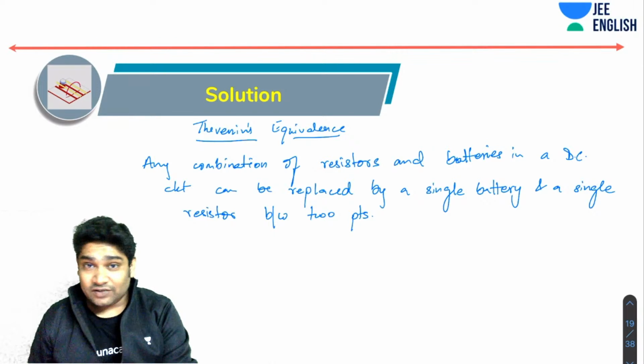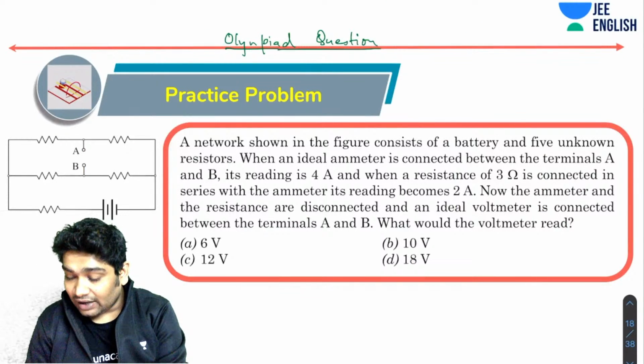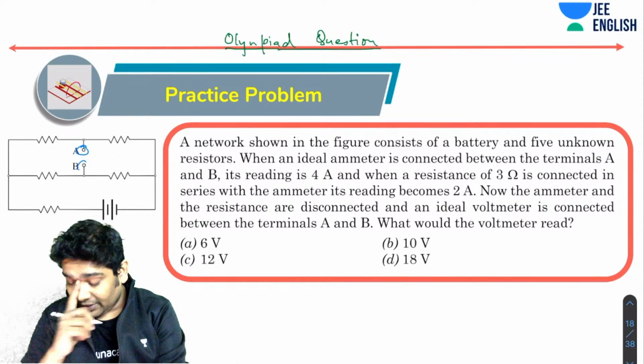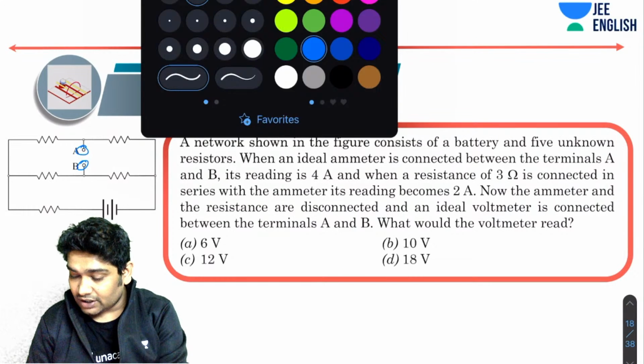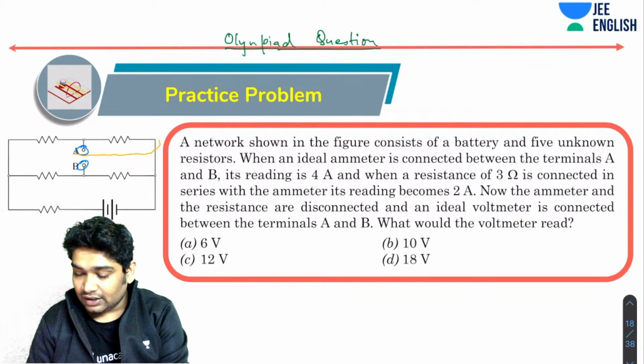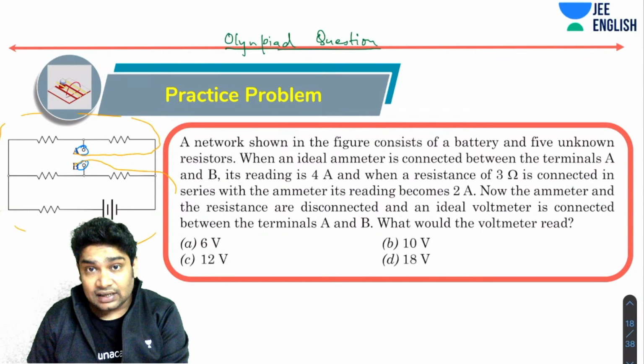Okay. So essentially, in this method, you have points A and B. The entire circuit between these 2 points A and B can be replaced by a single battery and a single resistance.